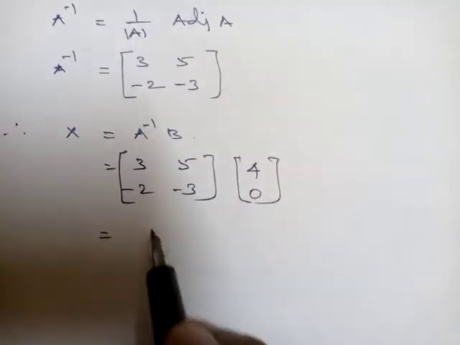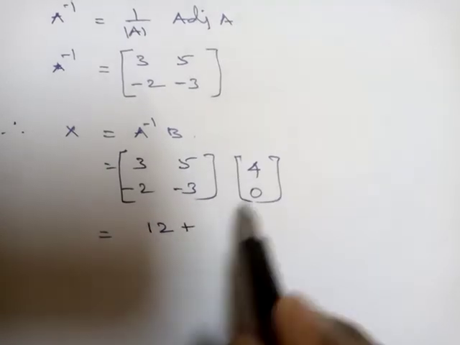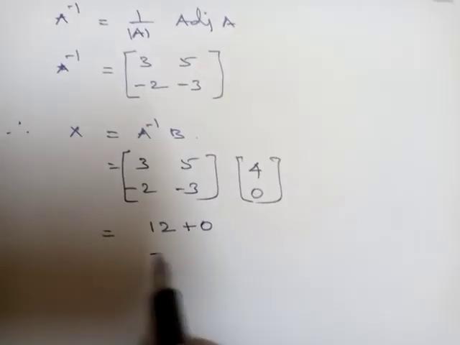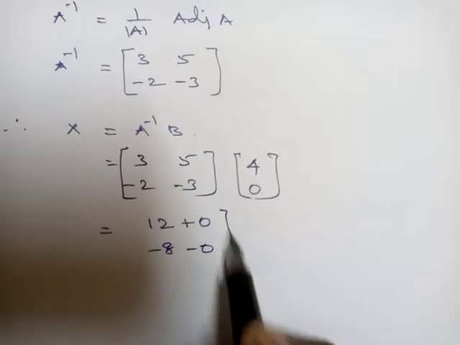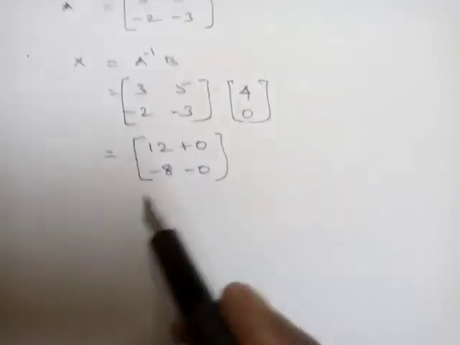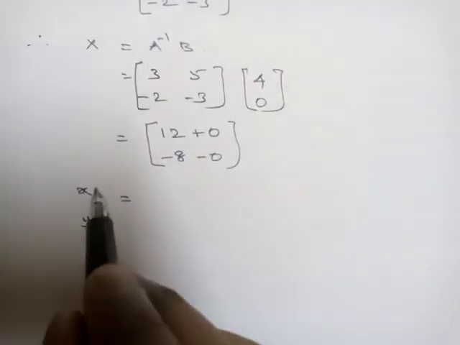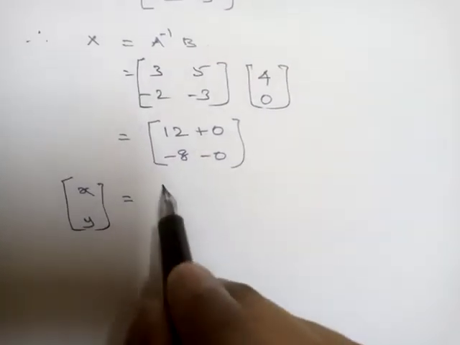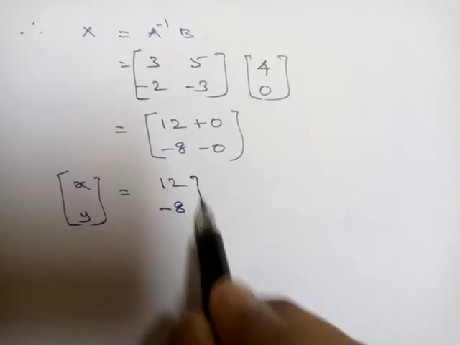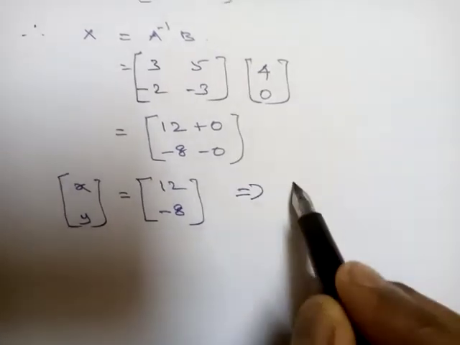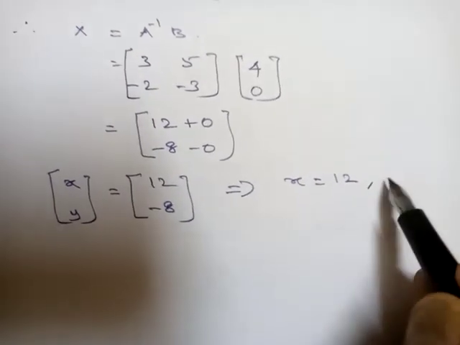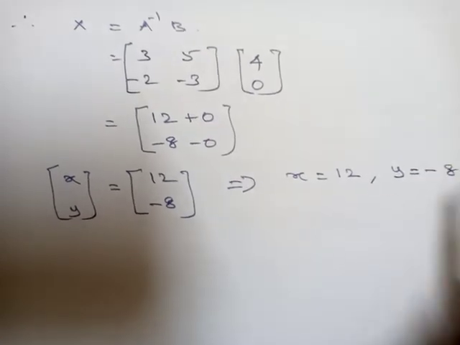So 3 into 4, 12, plus 5 into 0 is 0. Minus 8, minus 0. So it is nothing but 12 and minus 8. Capital X is nothing but x and y. x and y is equal to 12 and minus 8. From this what we are getting? The x value becomes 12, the y value becomes minus 8.